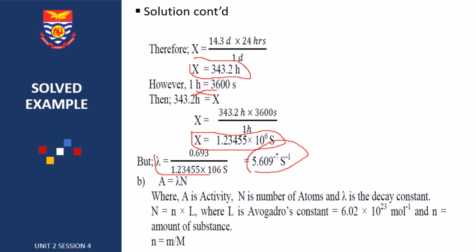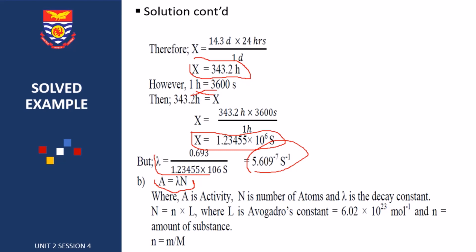Now let's move to B, where we are to find the activity. We know that the activity is given by the decay constant times the number of atoms that decay per unit time.